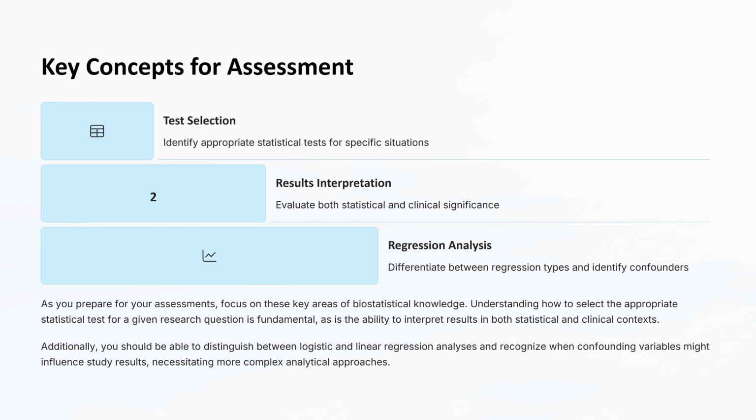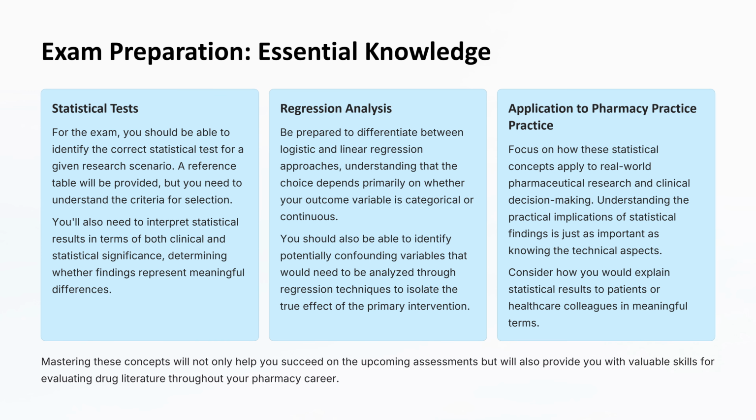And then how do we look at different types of regression analyses? How do we understand what a regression analysis is when you put in multiple variables? And these types of things will help you in your studying for the tests. So you have to make sure you understand the statistical tests. What does a statistically significant value mean? And then how do we actually try to use that statistical significance to determine clinical significance?